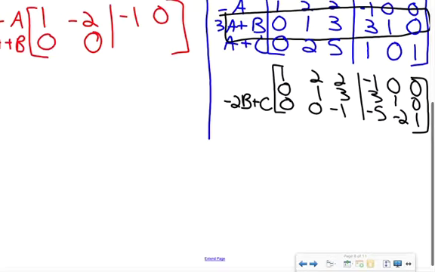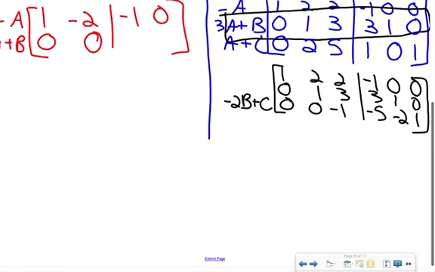So now I've mostly got my leading coefficients of 1, and I need to, once again, remember what our goal is. We're trying to get the left side of the bar to look like the identity matrix. So I'm going to do a couple of things in my next step.